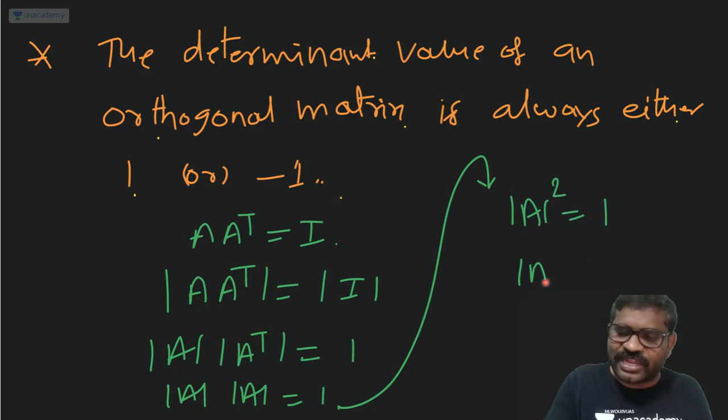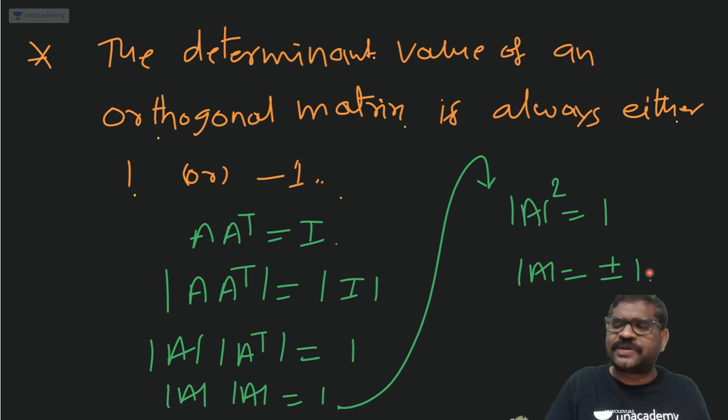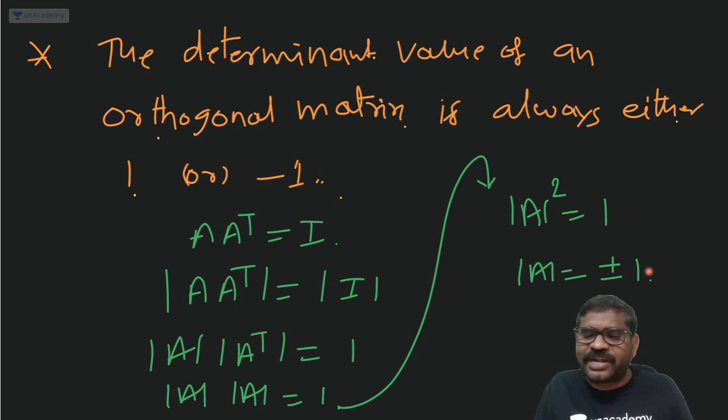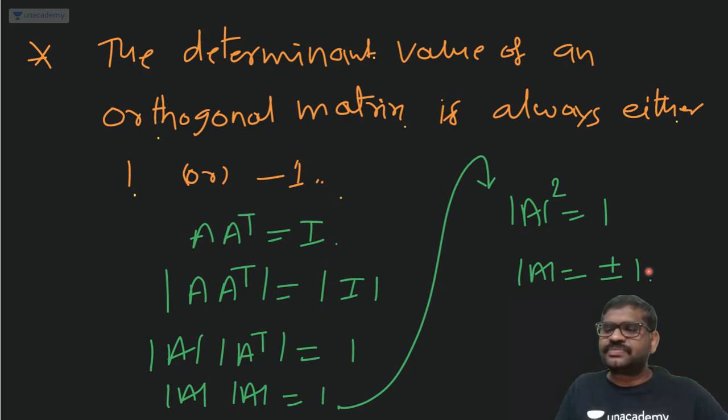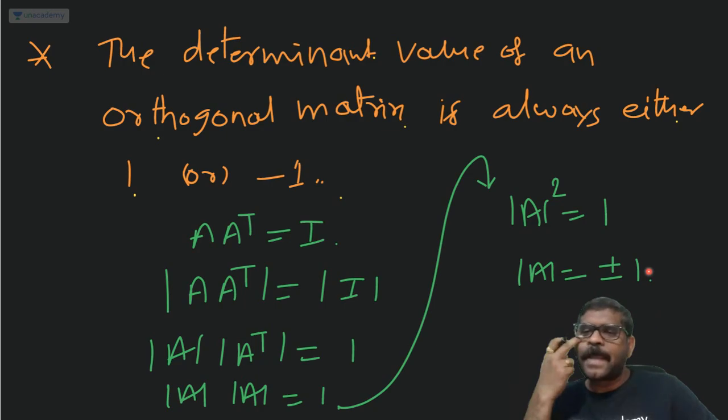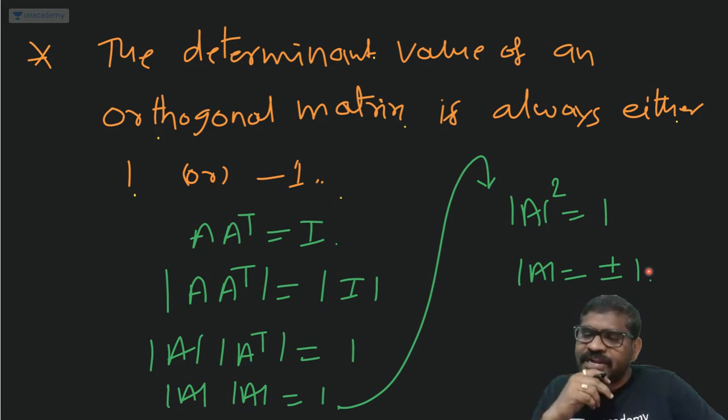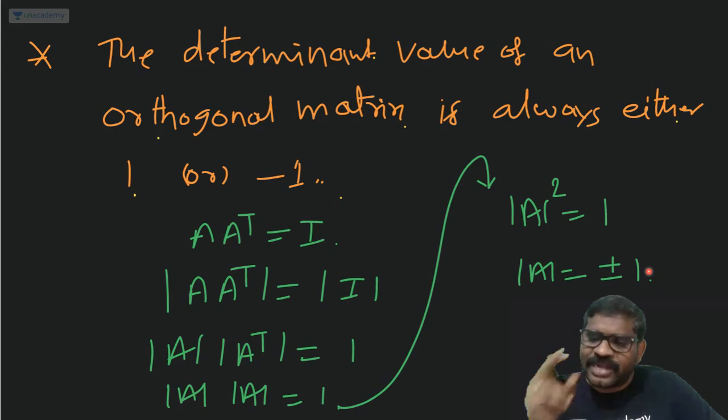Therefore det A is plus or minus 1. The determinant value of an orthogonal matrix is either 1 or minus 1. Understood? If your matrix is an orthogonal matrix, the determinant value is 100% either 1 or minus 1.